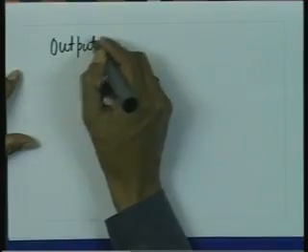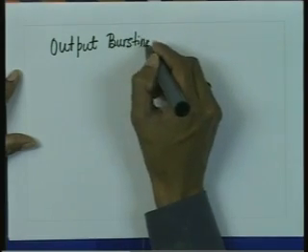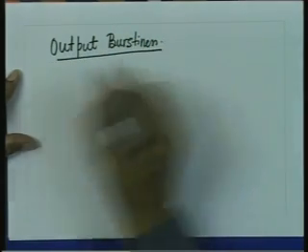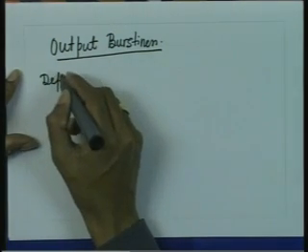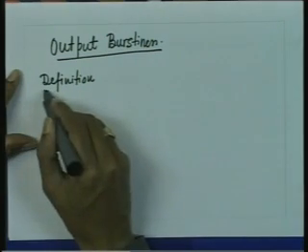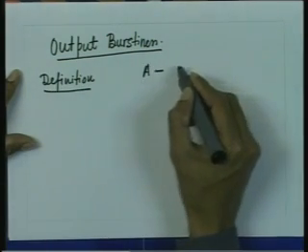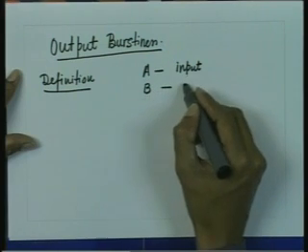So, now we would like to characterize the output burstiness. Now, some definitions are required. Let us say A is the input and B is the output.